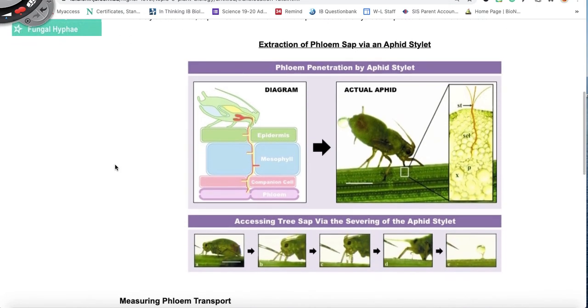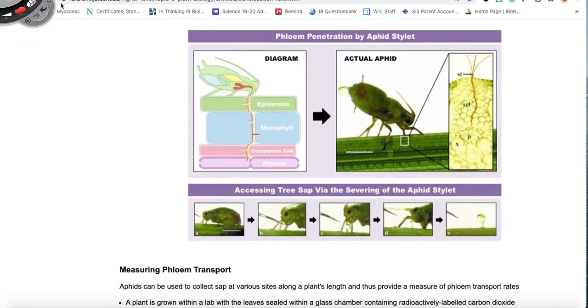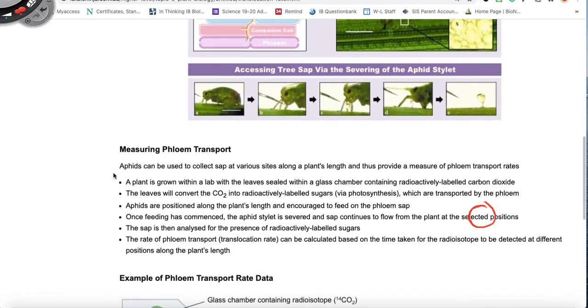So as the sap flows out, there it is, scientists can then measure the rate of this phloem being released from that stem.